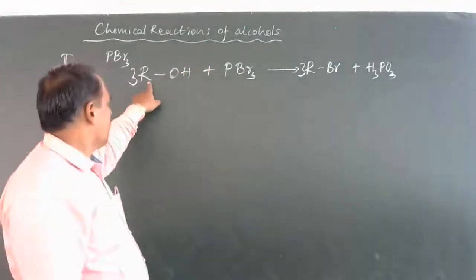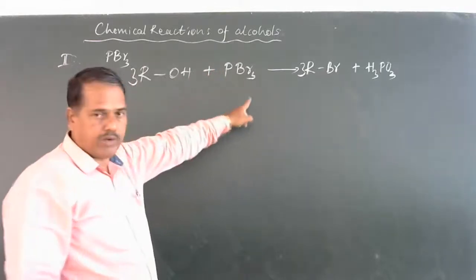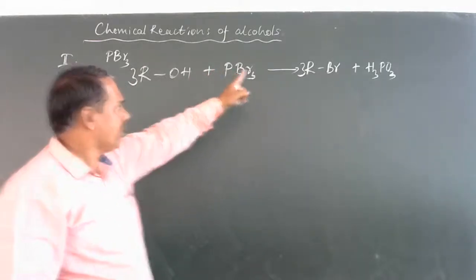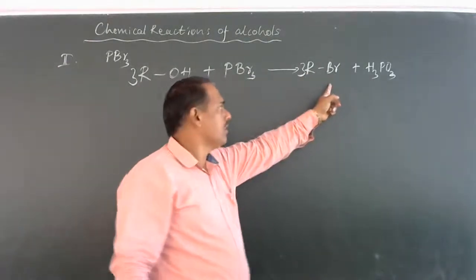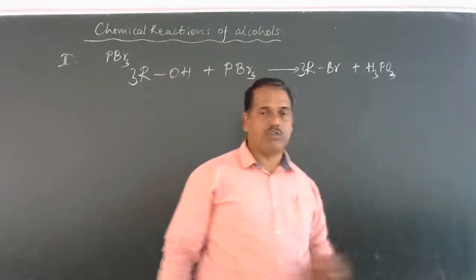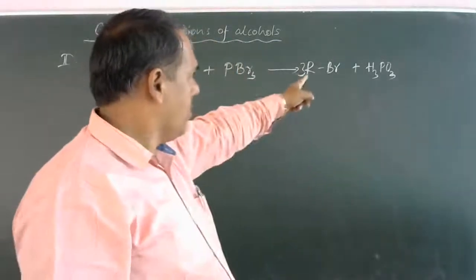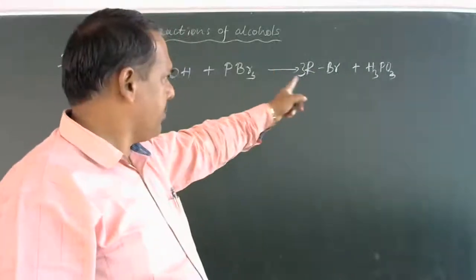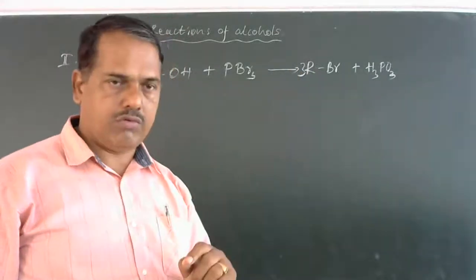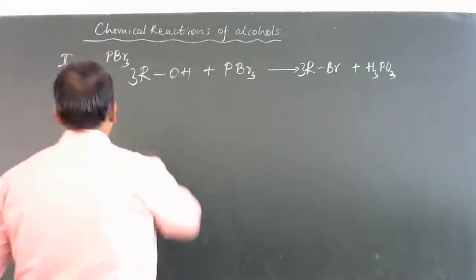When alcohol reacts with phosphorus tribromide, alkyl bromides are obtained along with orthophosphorous acid. If it is H3PO4, then it is called orthophosphoric acid. That's all. Okay, so this is the second.